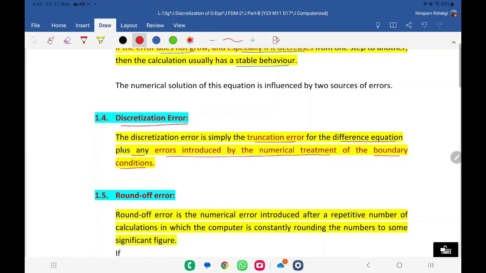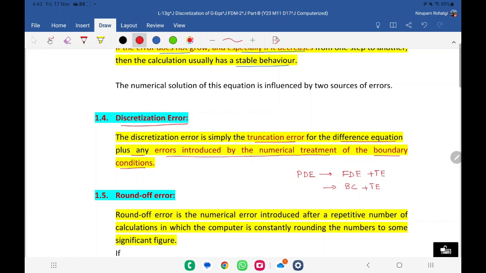One is a discretization error. Discretization error is because you have converted the partial differential equation to a finite difference equation. Okay? There will be plus truncation error. And this also includes your boundary conditions. So the error is because you have discretized the equation. So this is a discretization error.